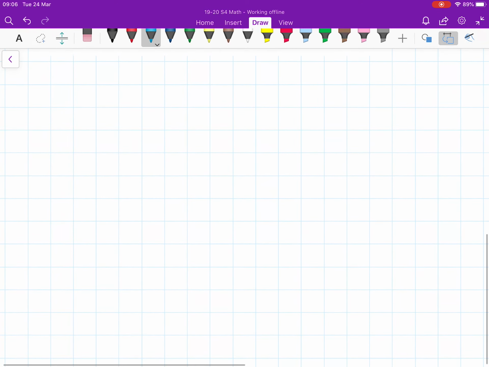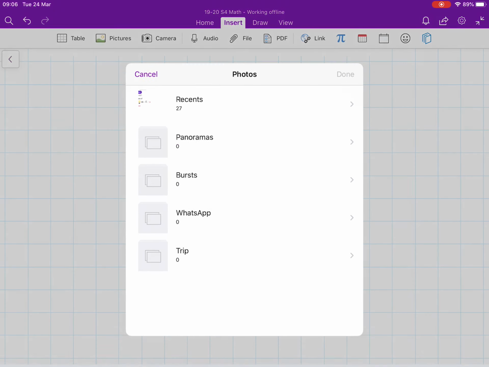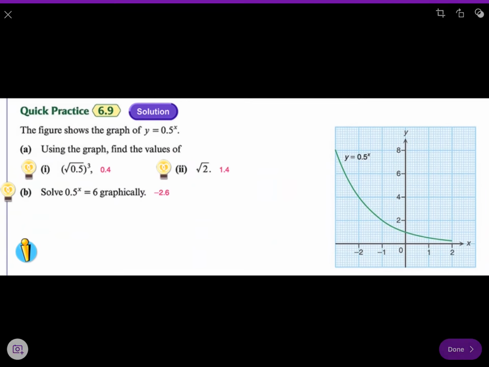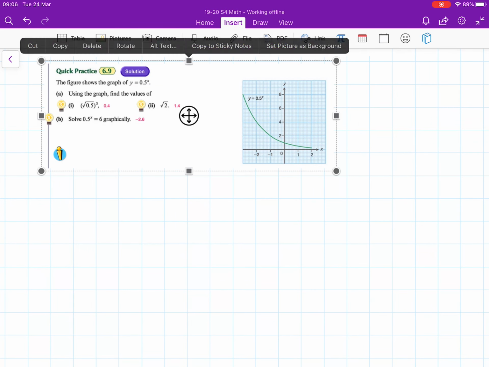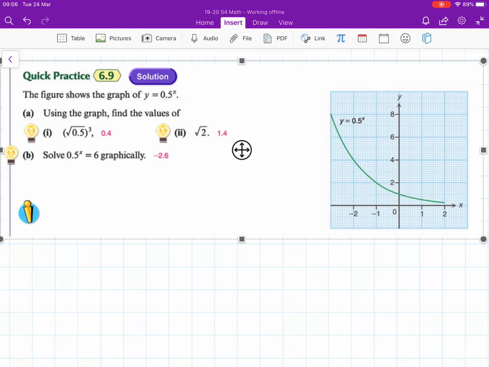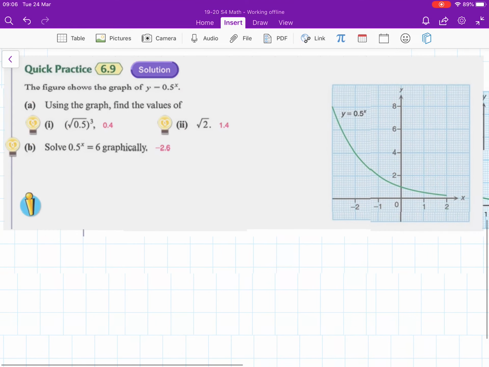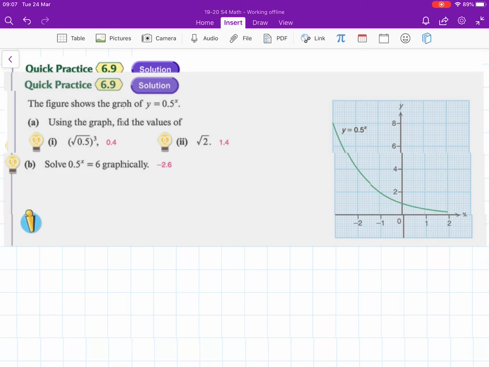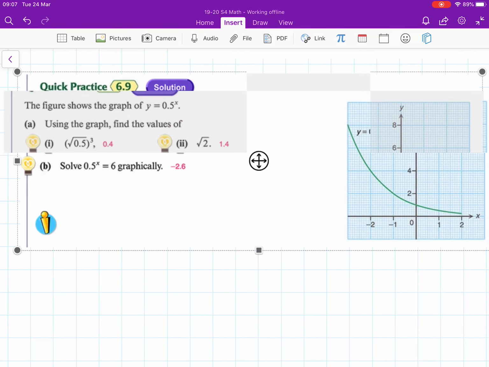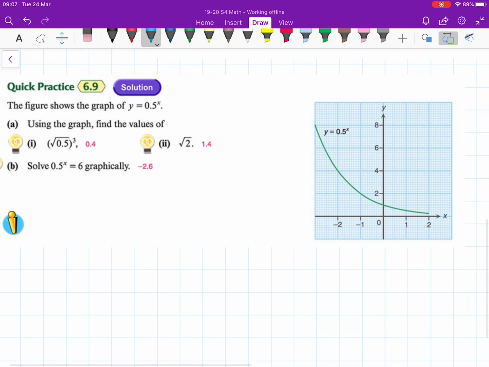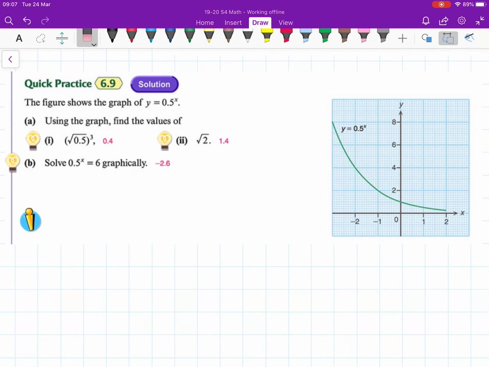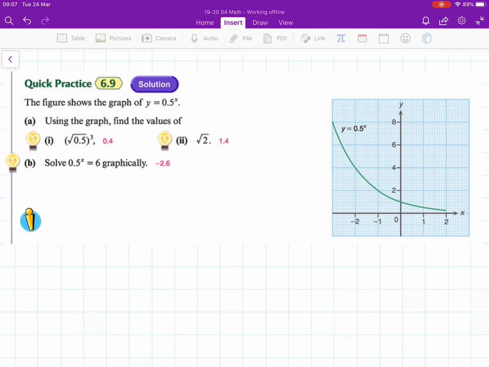Okay, so for the remaining time, please help me to finish the correct part of example 6.9.